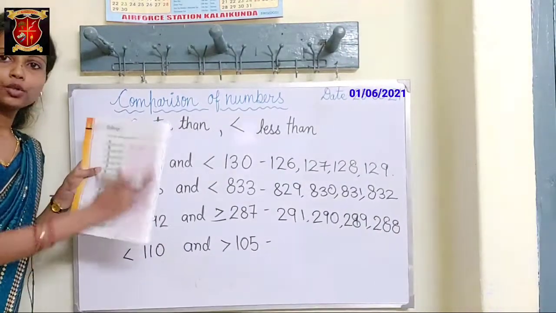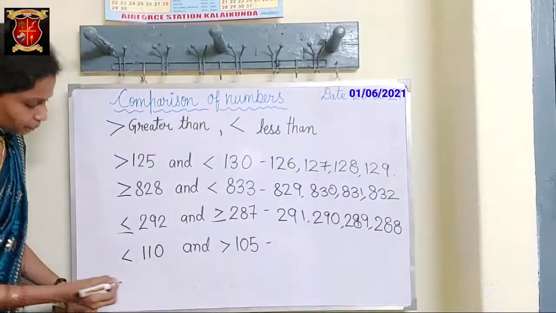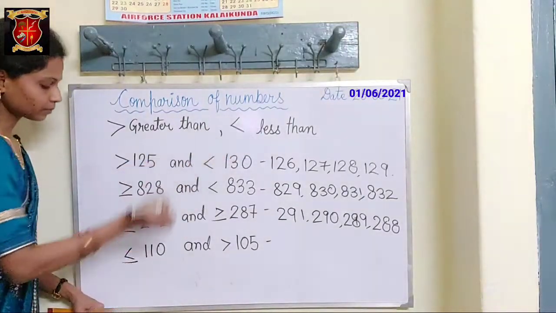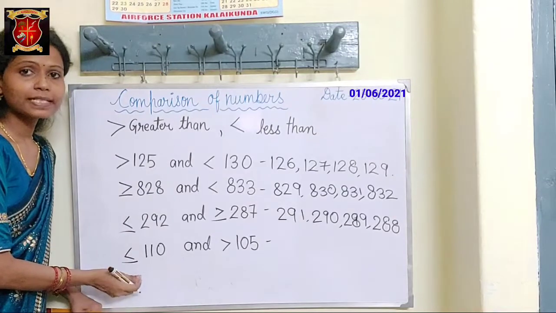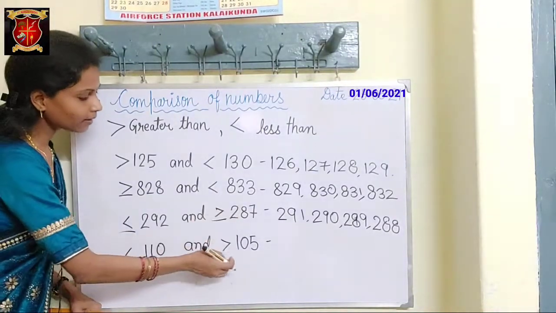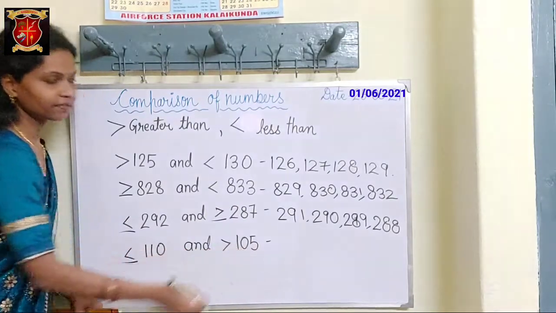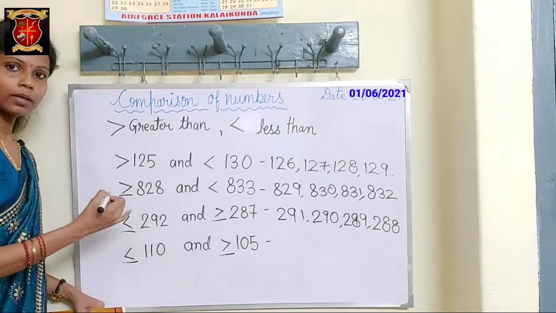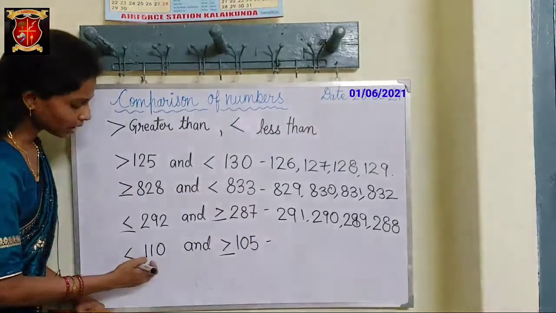Okay, so let's do the last one. After that you can do it in your book yourself. First see the sign. This sign is less than. So we have to write the numbers which are less than 110 and greater than 105. Okay, so again we will do backward writing from 110.